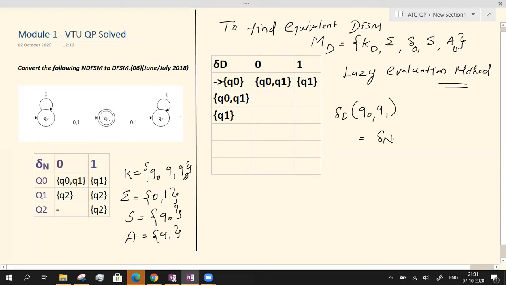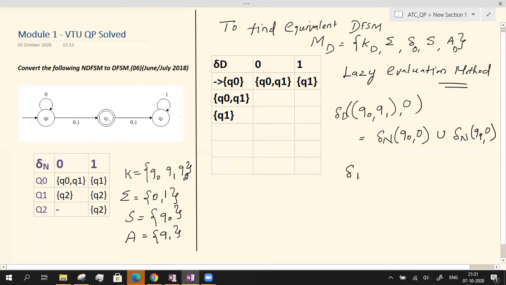I have to find delta N. Delta N refers to the NFA transition table. Q0 on 0, I have to consider the union of delta N of Q0 comma 0 and delta N of Q1 comma 0. Similarly, I have to repeat for the input symbol 1 also. So let me write it here.